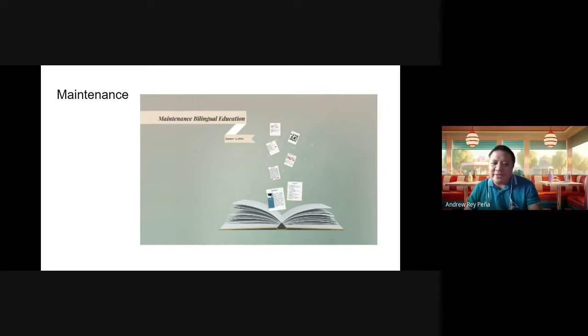So what happens is both majority and minority languages are used for teaching, even though the students are minority students. They should be able to graduate and be able to discuss any content area in either language.